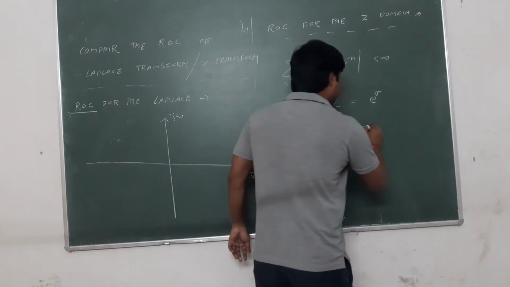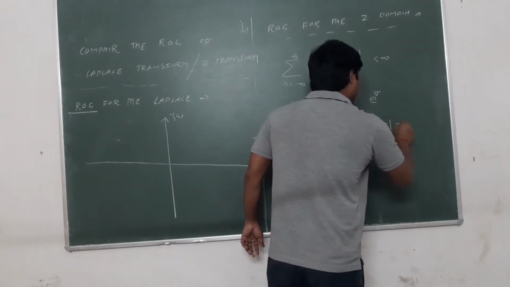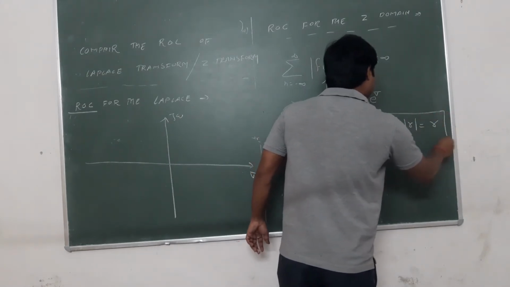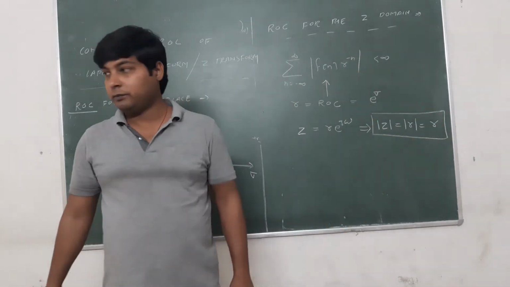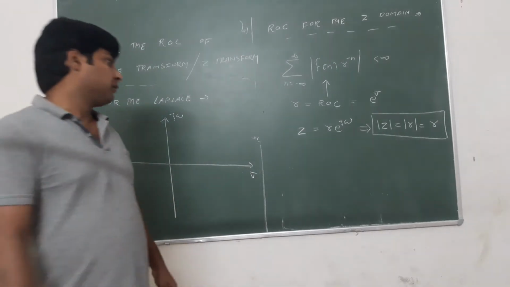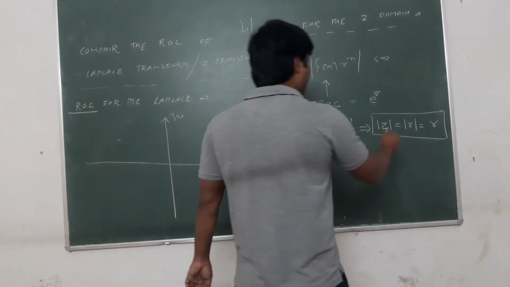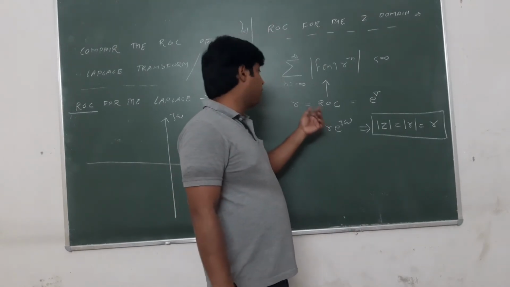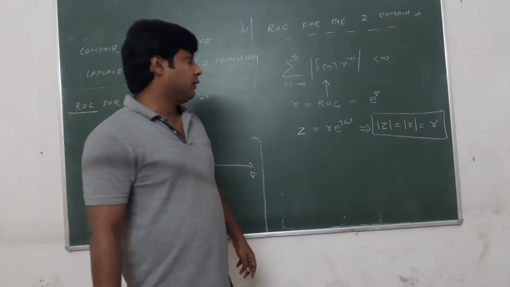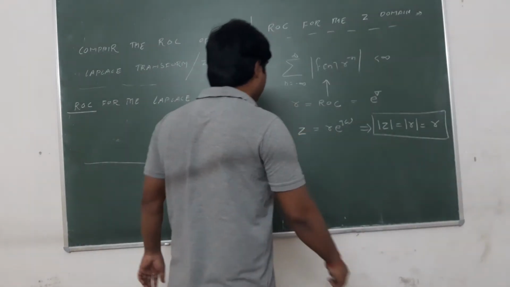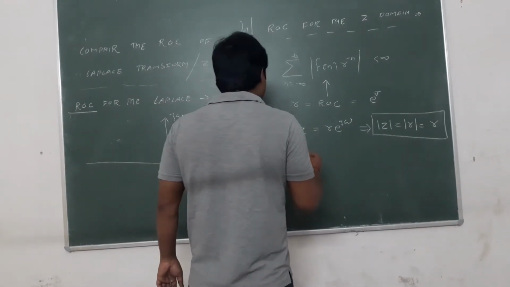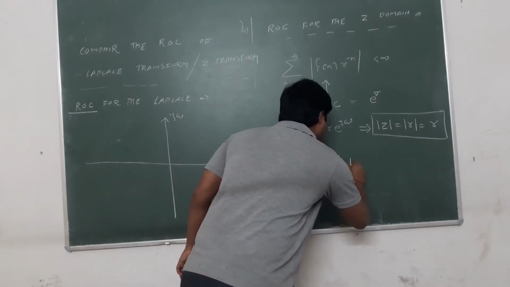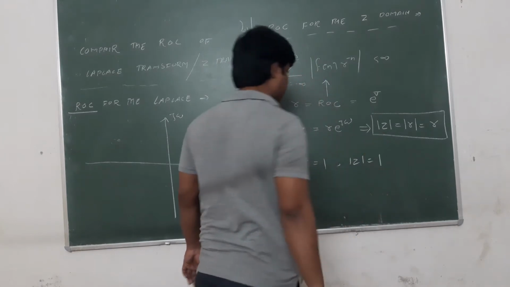So mod z is equal to mod r, which is equal to r. So the mod of z is always equal to the value of r. Now if sigma is equal to 0, then r is equal to 1 and mod z is equal to 1.